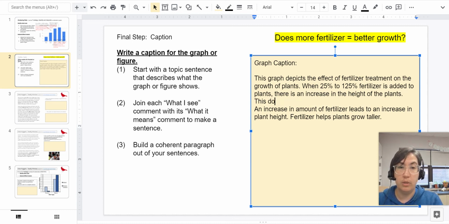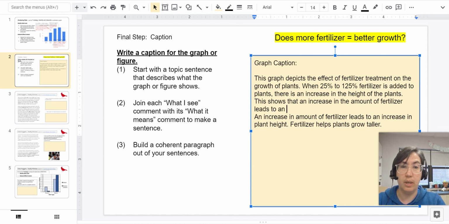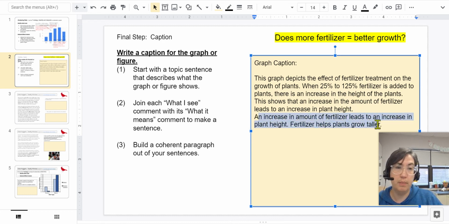This shows that an increase in the amount of fertilizer leads to an increase in plant height. Right? And I'm just going to erase this part.